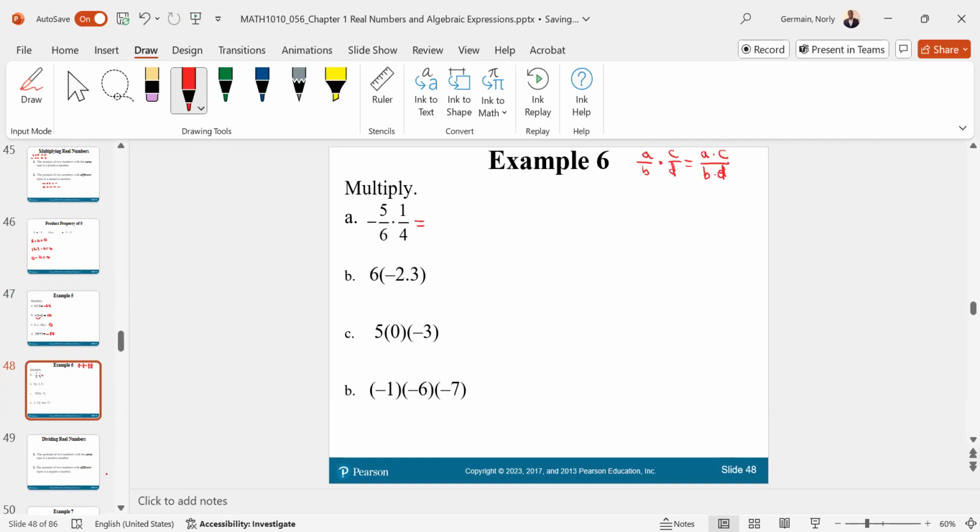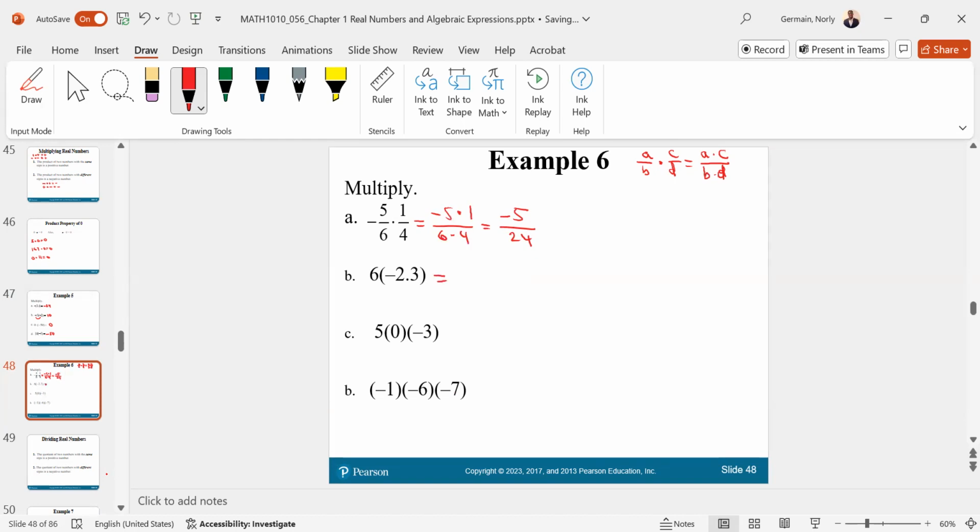But -1, it's like you have -5 times 1 over 6 times 4. So that gives you -5 times 1 is -5. 6 times 4 is 24. Of course, always check if you can simplify. If you have parentheses, parentheses simply means multiplication.